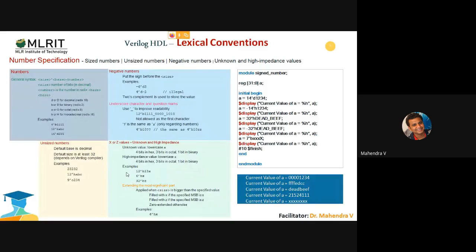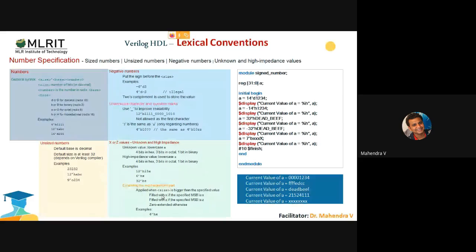The next point to remember: at times the size of the number is large, but the value we assign is small. Suppose you write only 1'b1 with a larger size, then the remaining positions will be vacant and those positions will be filled based on the MSB.